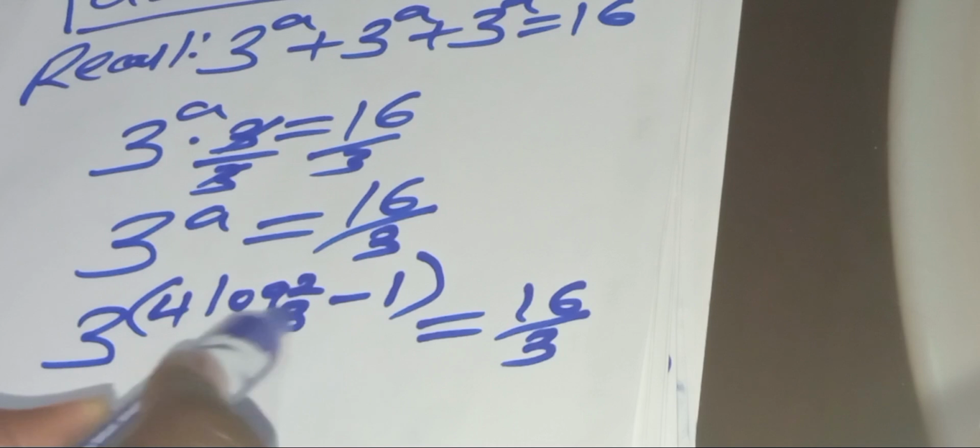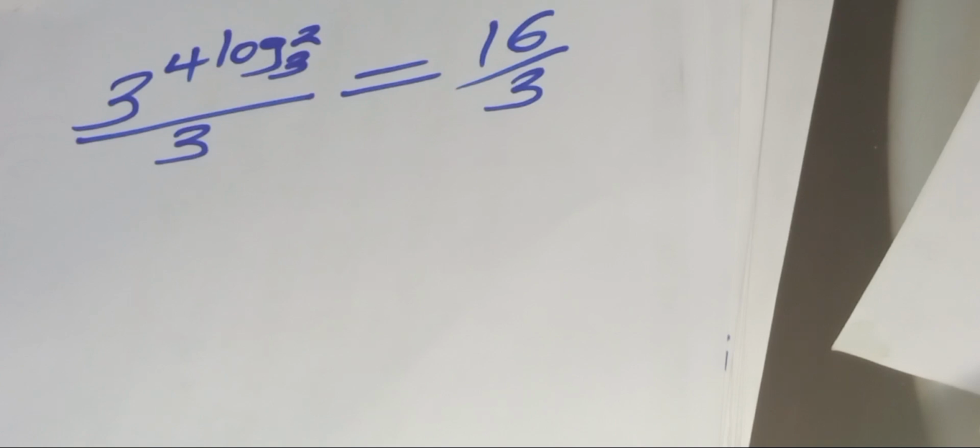Okay, now as you can see, 3 to the power 4 log 2 to base 3 subtract 1 is in the form of a to the power n minus m, which we can express as a to the power n divided by a to the power m. Now let's apply this property so that we'll have 3 to power 4 log 2 to base 3 divided by 3. This should give us a value of 16 divided by 3.